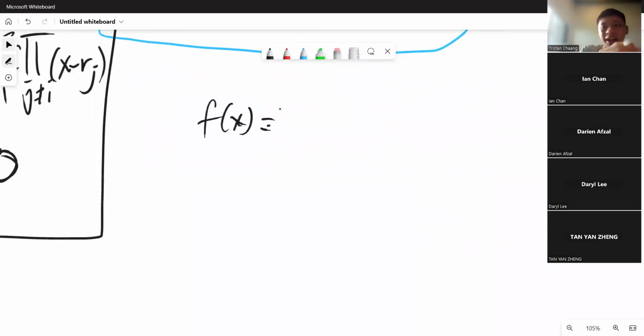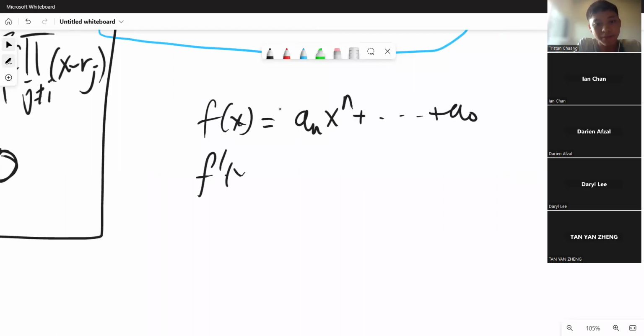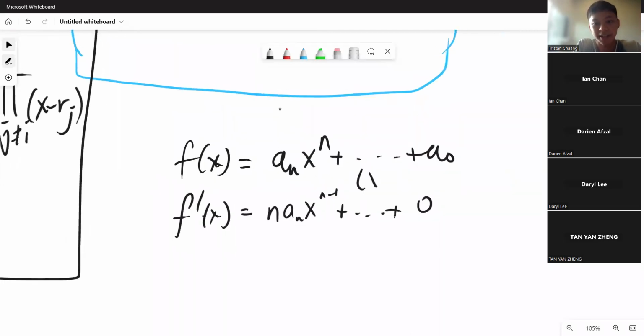Might as well forget calculus. Say if a polynomial has this form, and then I define f prime to be n a_n x to the n minus 1 plus and so on, plus 0. So basically x to the k becomes k x to the k minus 1.